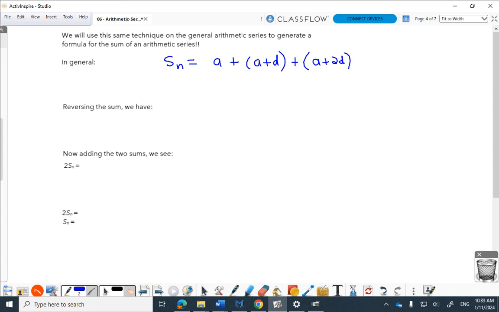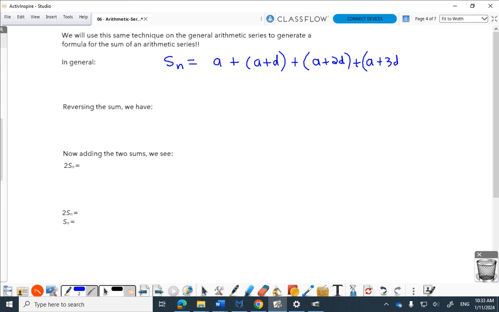That's what that next term is. I'm going to do one more. If A plus 2D is the next term, what's the one after that? A plus 3D. There's a definite pattern here.